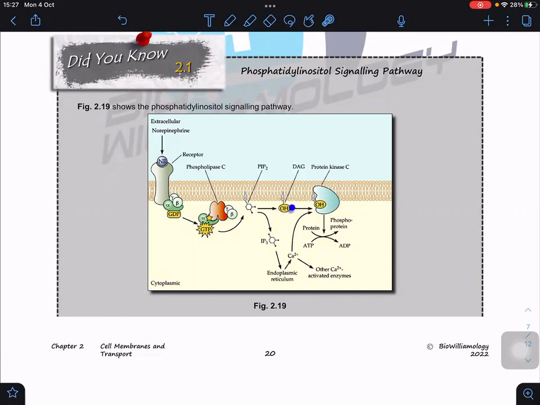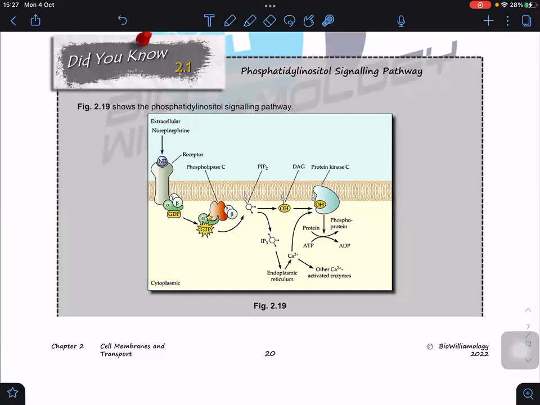So DAG is going to activate the protein kinase C and give us the downstream effect. And IP3 will cause us to have the calcium ion. So calcium ion can activate other enzymes.